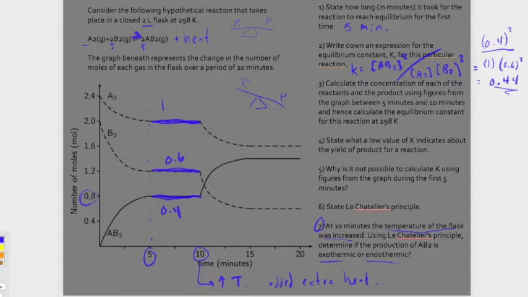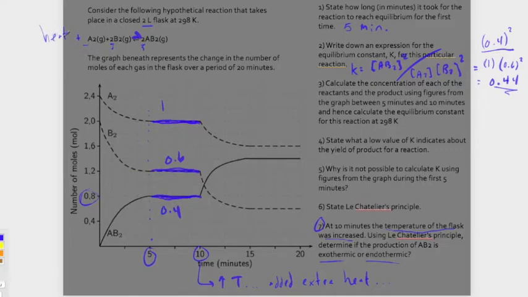In other words, I know now that the reaction is endothermic. This is hugely important. Everyone needs to make sure that they pause and they understand what's happening. I'm saying that heat energy can be treated like a reactant.